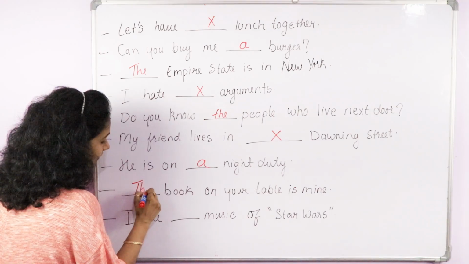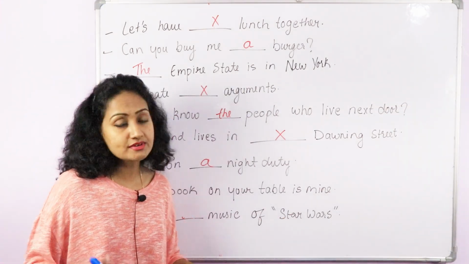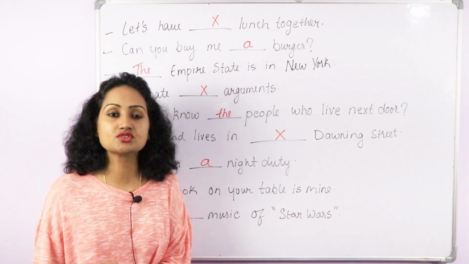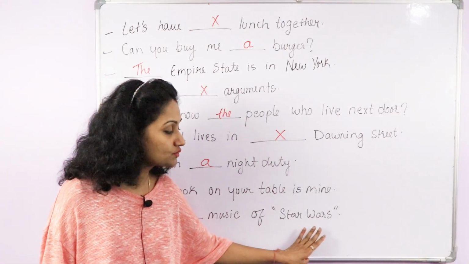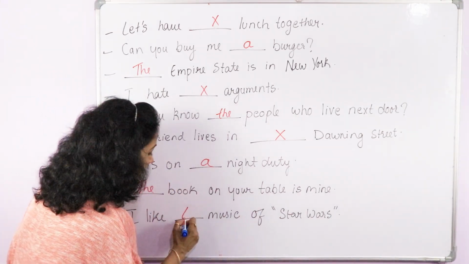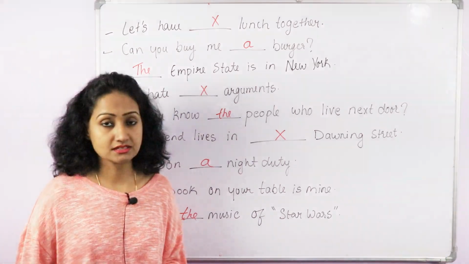So, the book. I like dash music of Star Wars. Are we talking about specific music or music in general? The music of this movie, so specific music, that's why the. So that's how we use the articles.